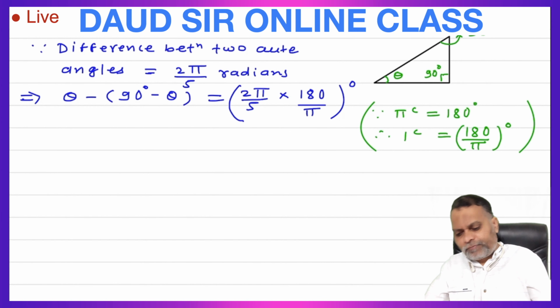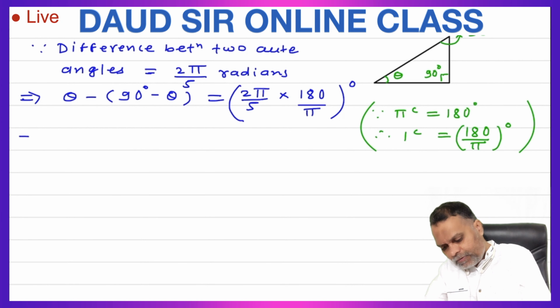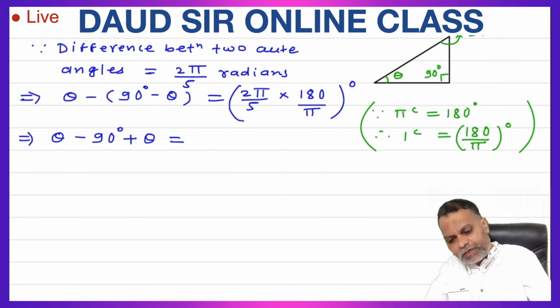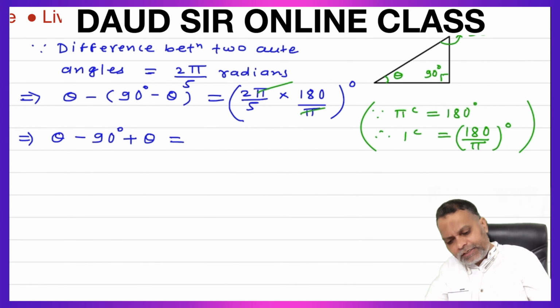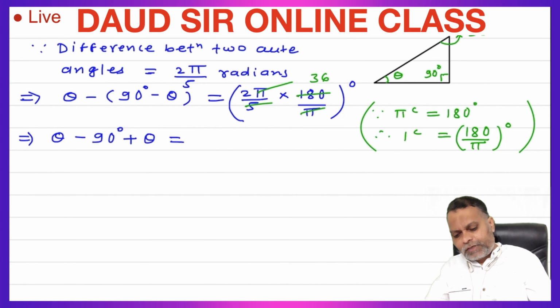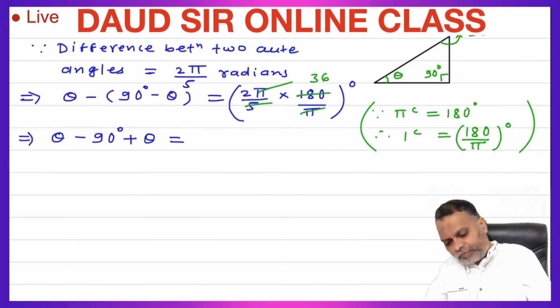Simplify this. Theta, open this bracket, minus 90 degree minus minus plus theta is equal to, this pi gets cancelled, 5 3s are 15 and 5 6s are 30. So it is 2 into 36, that is 72 degree.